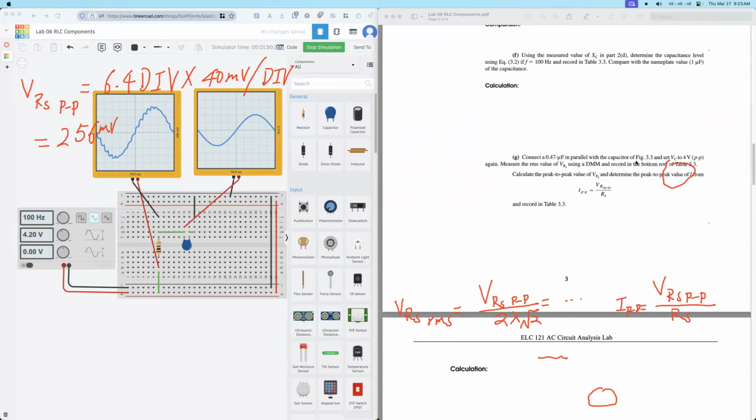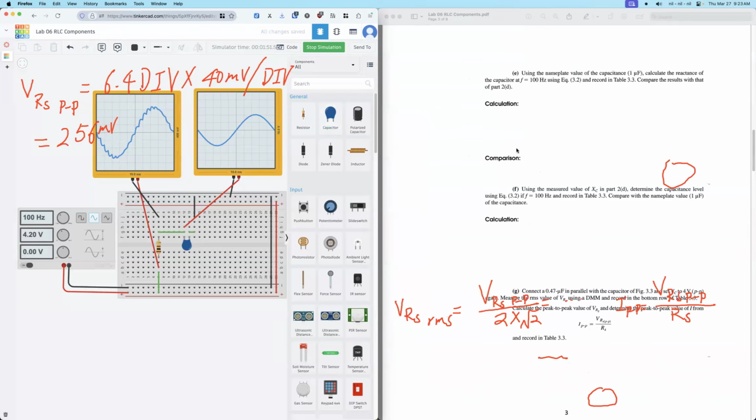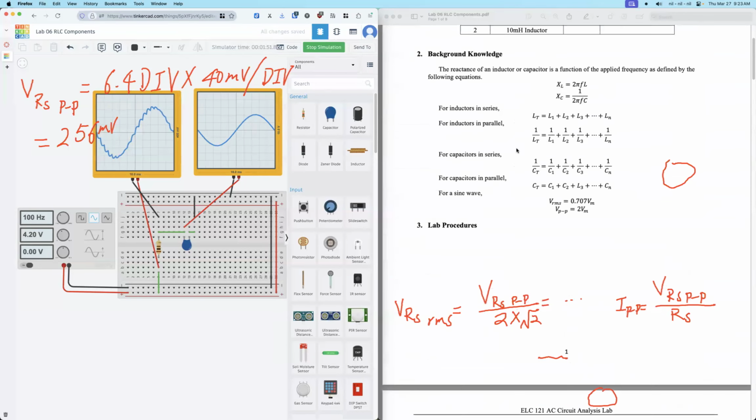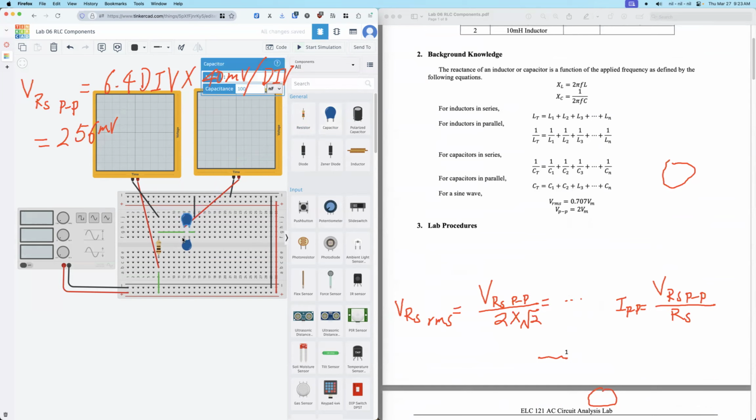So for the parallel, let me stop the simulation. For parallel capacitors, you need to use this formula to get the total capacitance. CT equals C1 plus C2. So here we need one more. Now these two are in parallel.